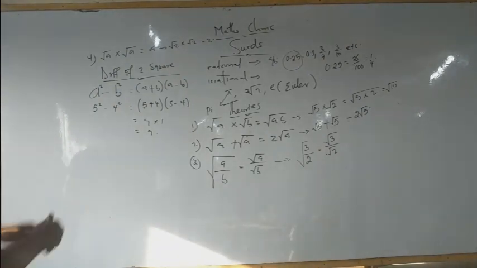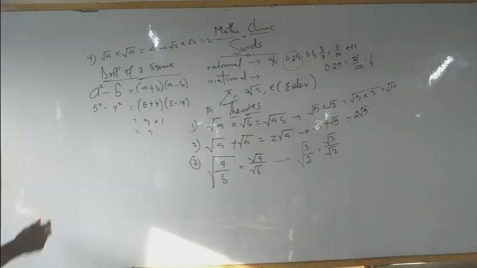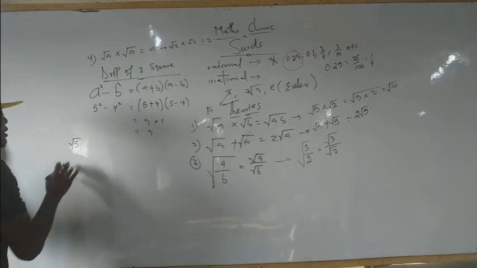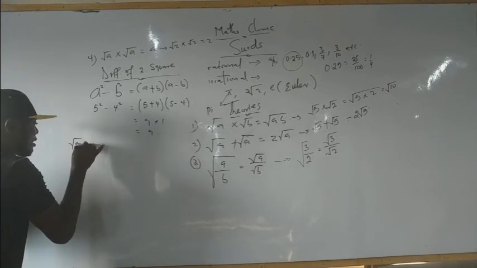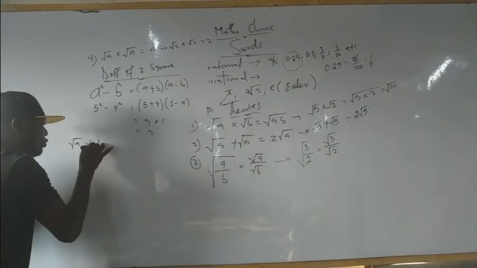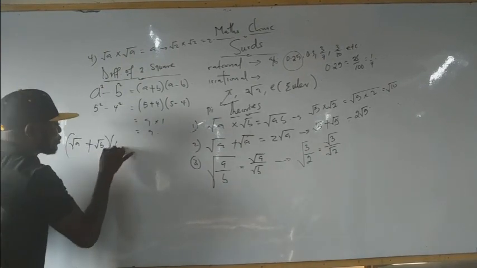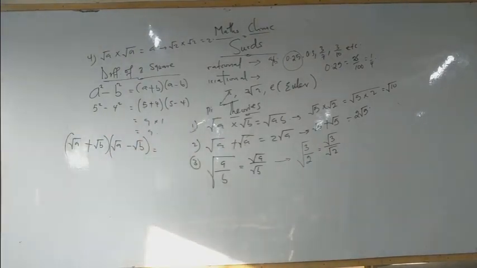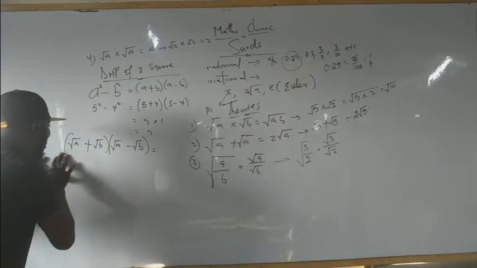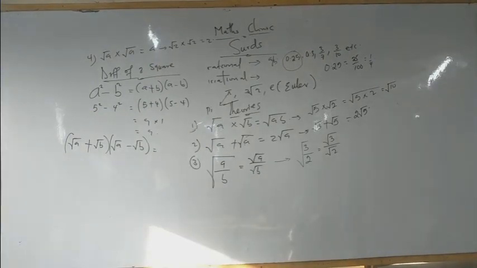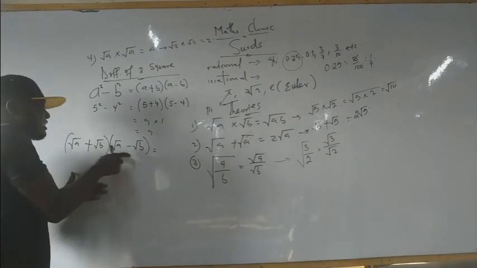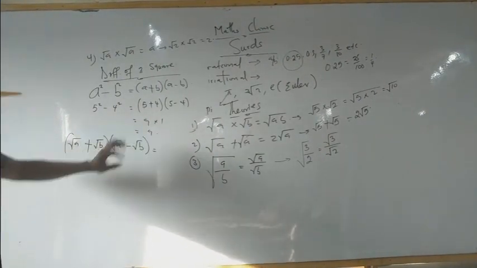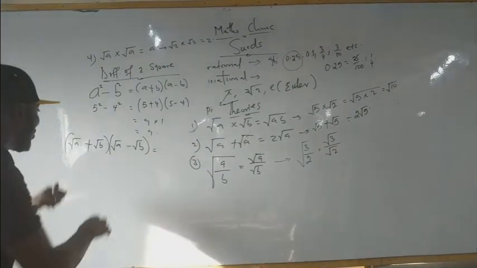Then how does it relate to what we are doing? If you look at this, let's use root A plus root B, another bracket, root A minus root B. This is difference of 2 squares, because considering the 2 brackets, they have the same variables: this is root A, this is root A, root B, this is root B. The only difference between them is their signs.